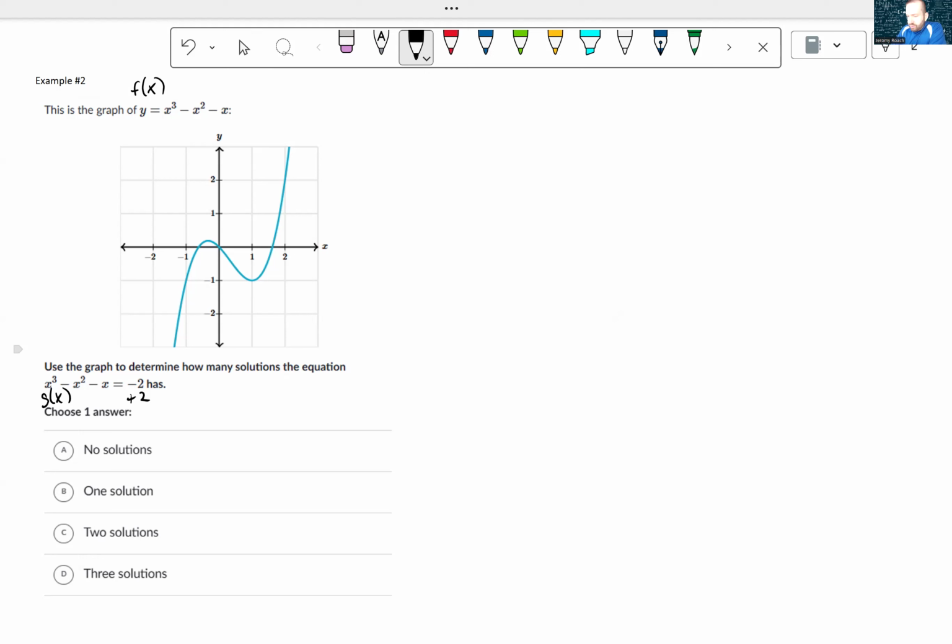Now when we add 2 to both sides and set it equal to 0, all the rest is the same except the constant term is now plus 2 on g of x. That means everything's going to shift up 2 units. Okay, so when we shift everything up 2 units, let's take a look at what happens now.